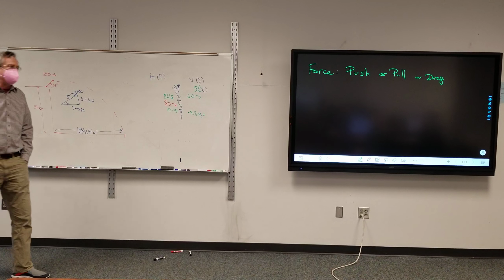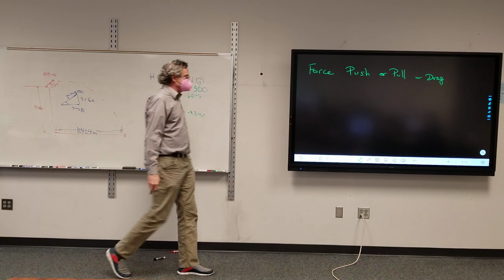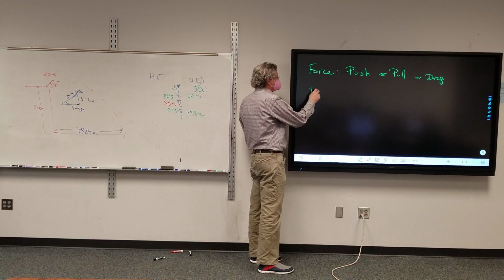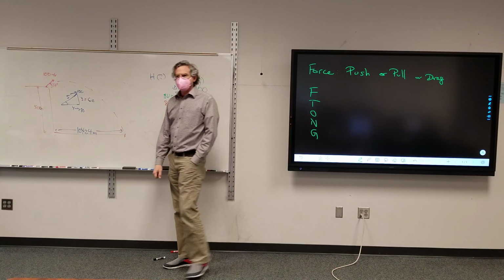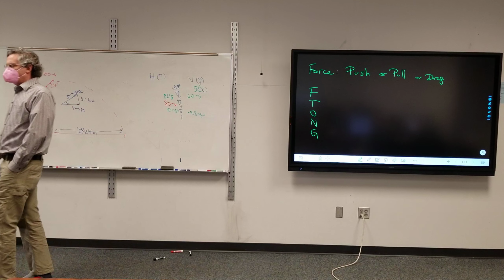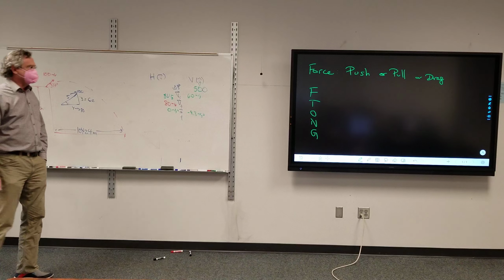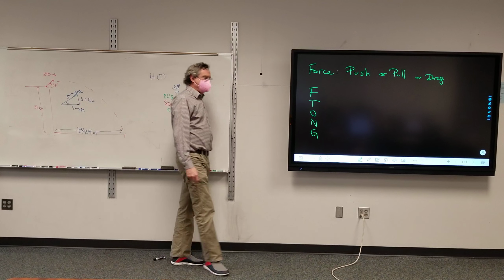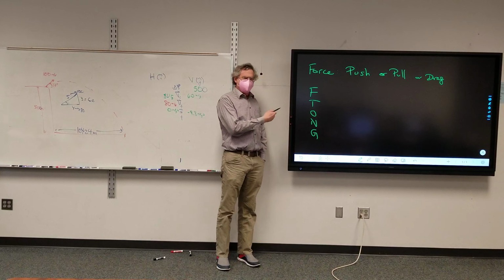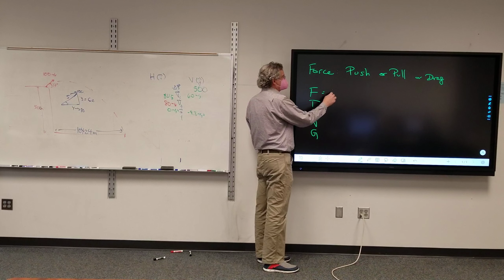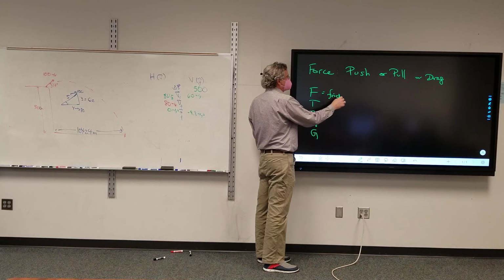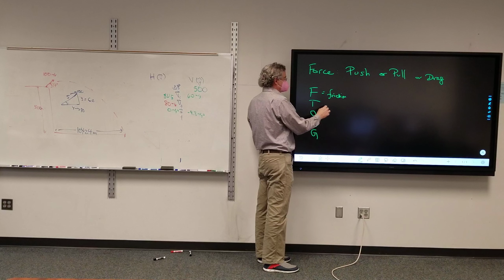Now, at this point in the course, there's basically four forces that we're going to be dealing with. And then sort of a checklist. FTNGO, whatever you want to come up with here. And I know I said four forces, but I have five letters here. Well, let's work through them. This F is for friction. T for tension.